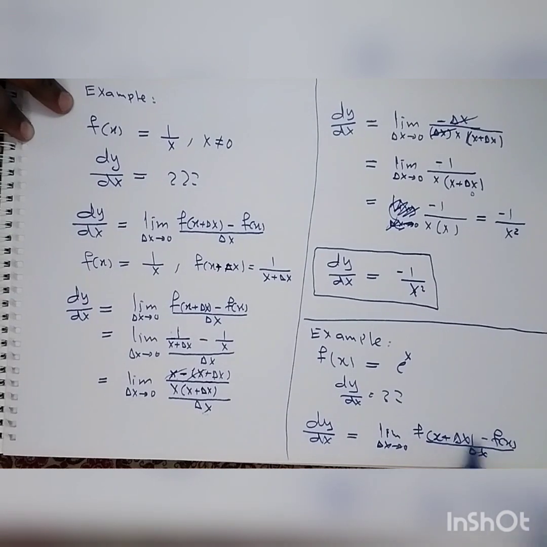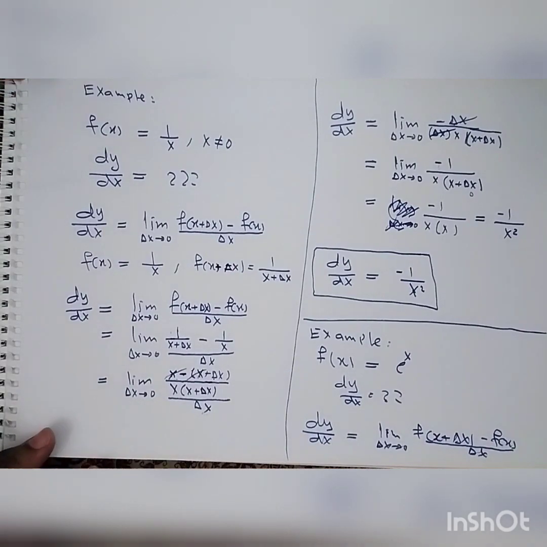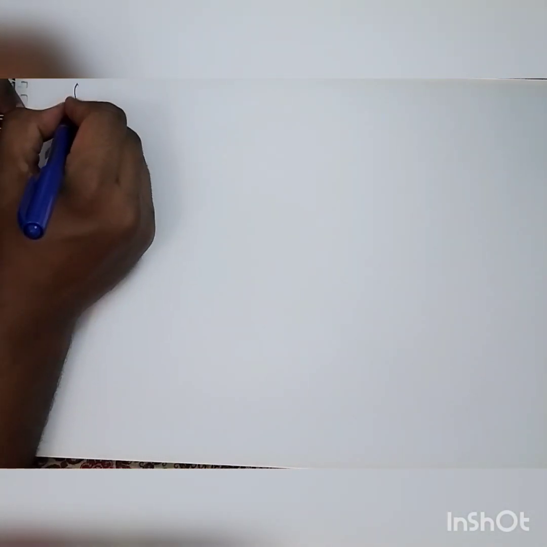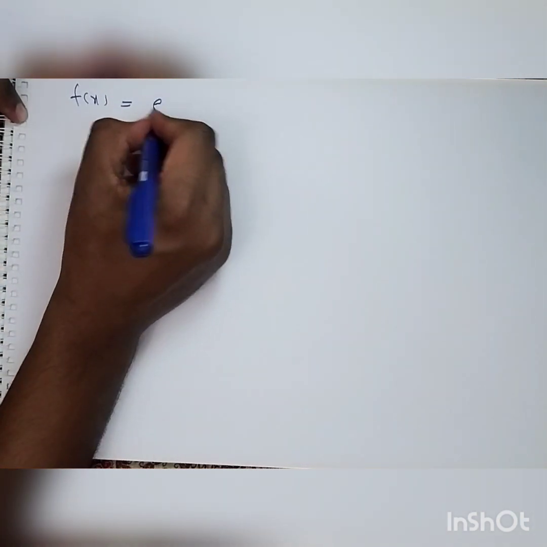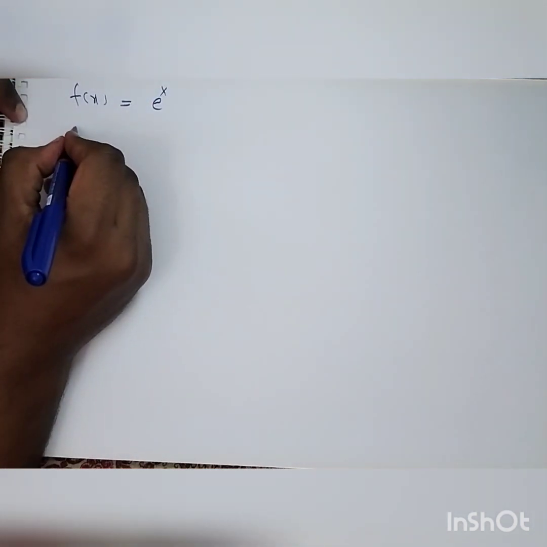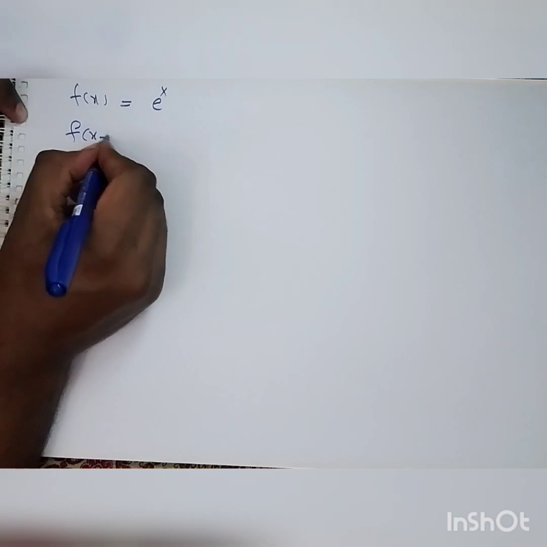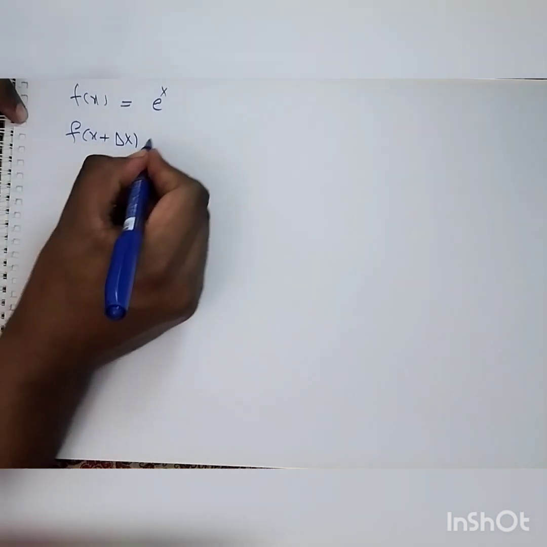Again, we need to just replace f of x plus delta x, and then also we need to replace f of x. So then we just can find the limit. So what we would have, f of x, we already know it. f of x is e to the power x, and then f of x plus delta x.